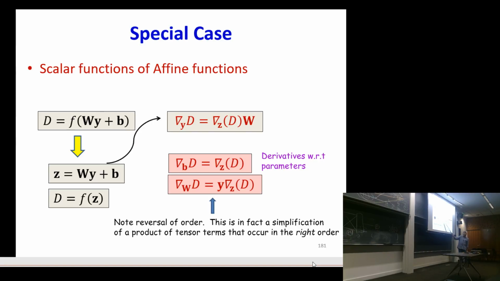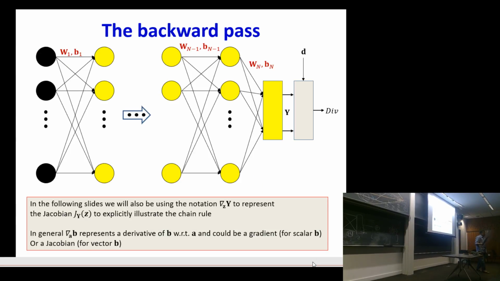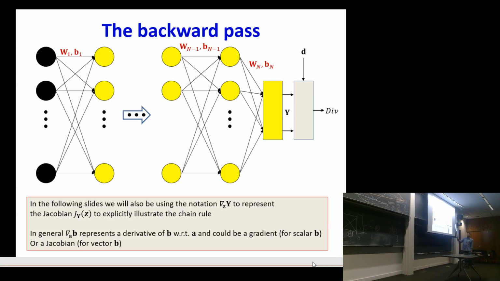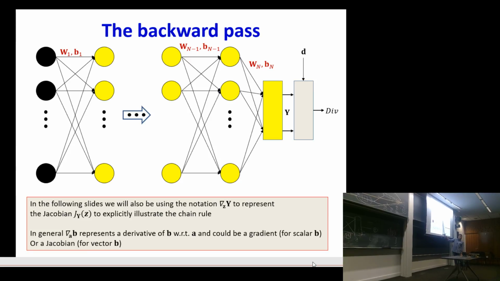And then if I want to compute the derivative of divergence with respect to this guy, I post multiply by the derivative of this term with respect to these, which would be the weight matrix. And then if I want to take a step back, I multiply this by the Jacobian of this term with respect to this guy.